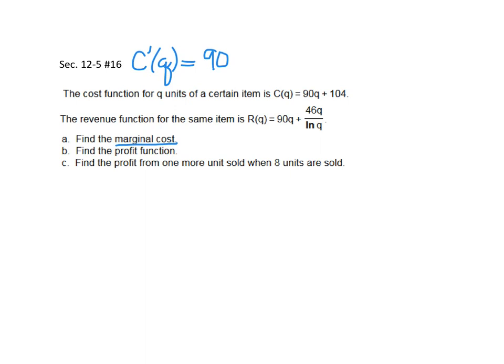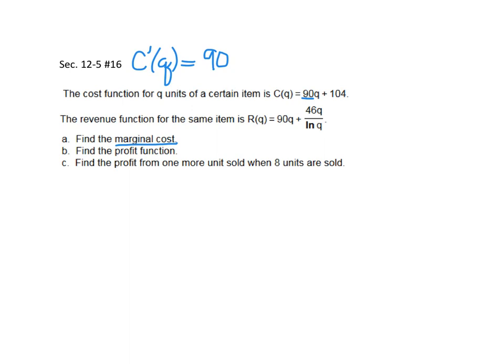So C prime of Q is 90, and that should make sense because the marginal cost here is the slope of that function, which is 90. So it doesn't matter what the value of Q is, it's always going to be increasing by $90 per unit.